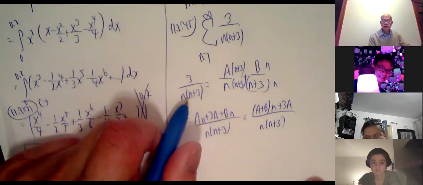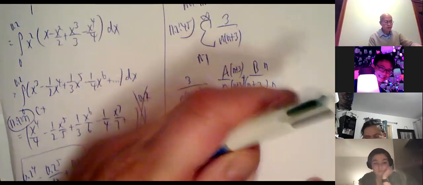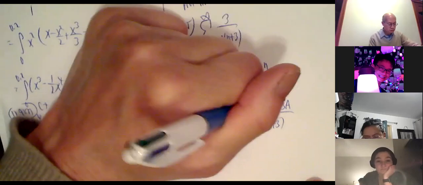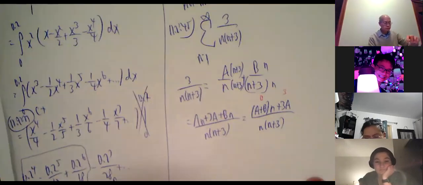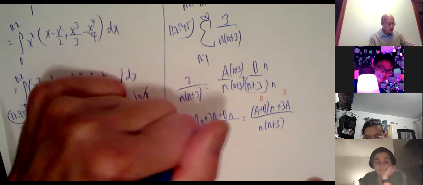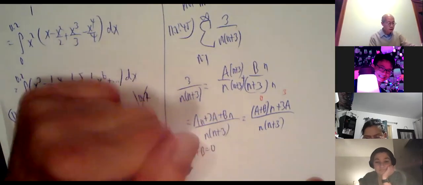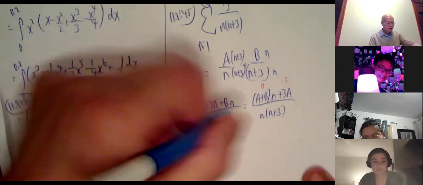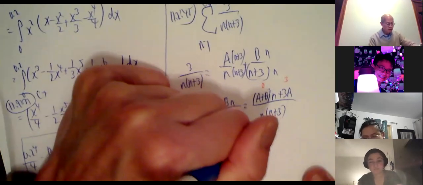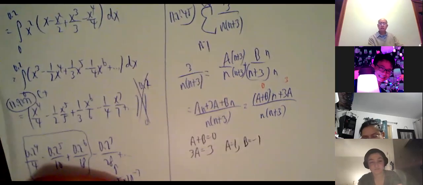And that's supposed to be equal to 3. So this coefficient is 0. This coefficient is 3. So a plus b equals 0. 3a equals 3. So that means a equals 1, b equals -1.